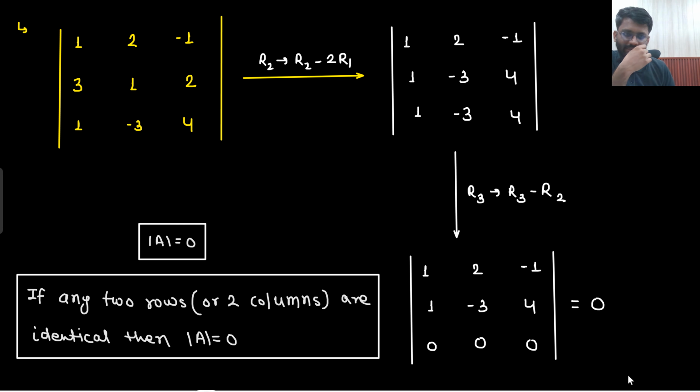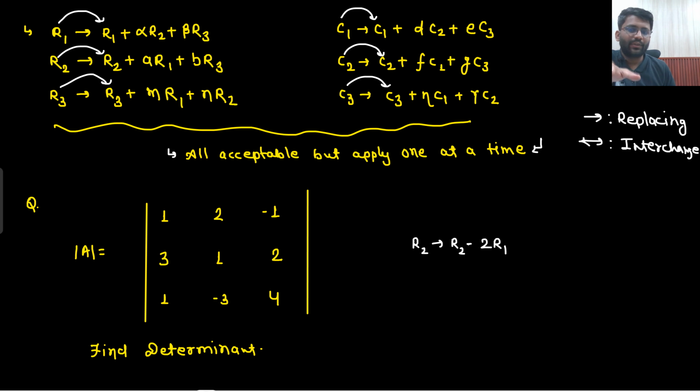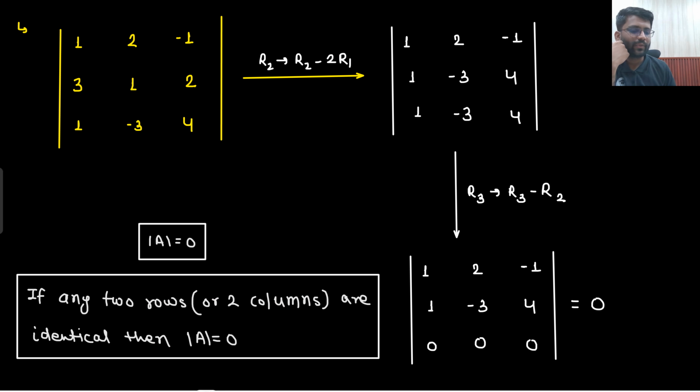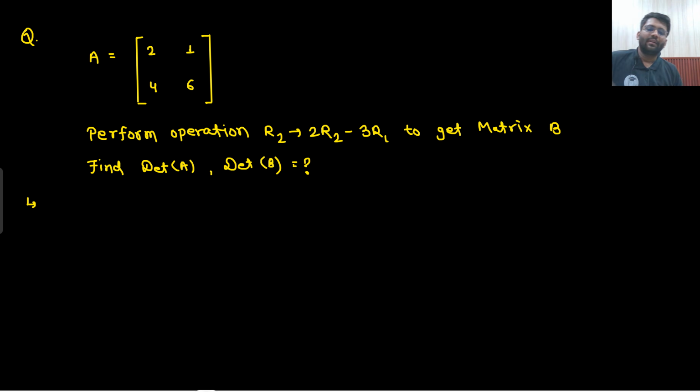Understandable? Did you understand how we are going to apply these operations? Now the next question is that you need to perform this operation: R2 is being replaced with 2R2 minus 3R1 and you will get matrix B. So this is your matrix A. What will be your matrix B? In matrix B, your second row is being replaced with twice of row 2 minus thrice of row 1.